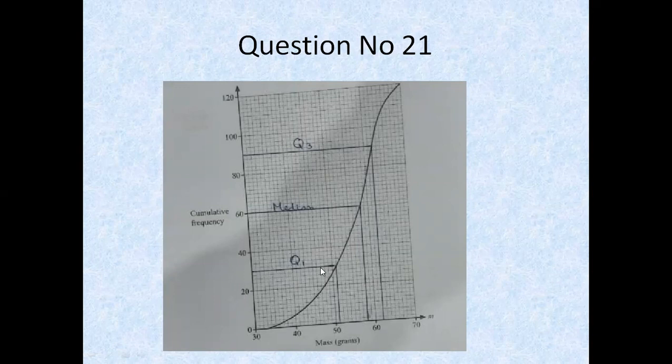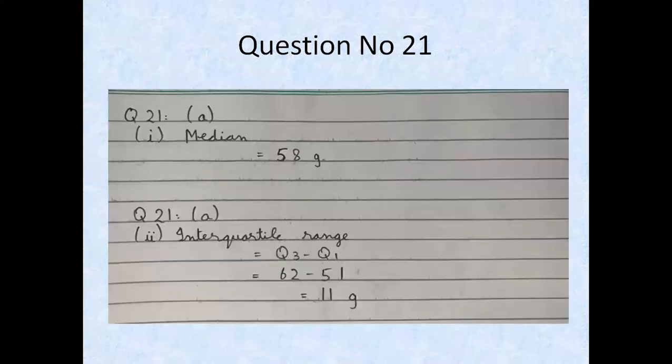So 30 on the y-axis. From there, I will go to the graph and check what's the value here. It's 51. So the Q3 is 62 and the Q1 is 51. Then I will subtract these values from each other. You can see here my work. Q3 minus Q1 will be the interquartile range, 62 minus 51, and that will be 11 grams. So the interquartile range is 11 grams.